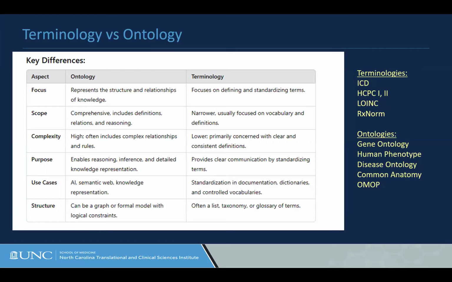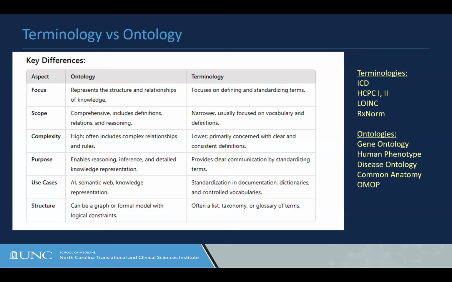This is where ontologies come in. Whereas terminologies are typically represented as a table or a list, ontologies, if you're going to display them graphically, are really more of a graph structure. And I think this is where ontologies often come into play with knowledge graphs.